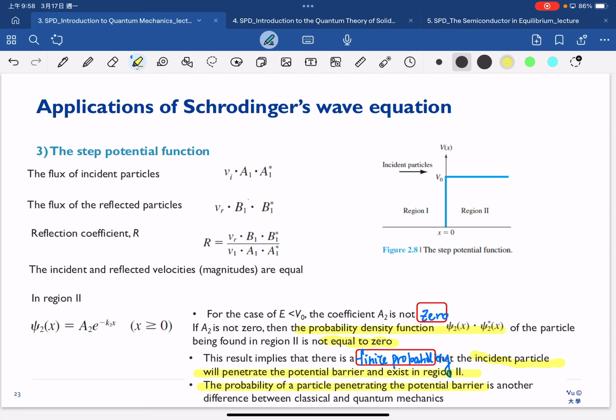This is the main difference; the rest is very similar. The only major difference is that even if you have a barrier, a certain wall layer, the particle can still penetrate. And this is very important when we apply this concept to our semiconductor devices.